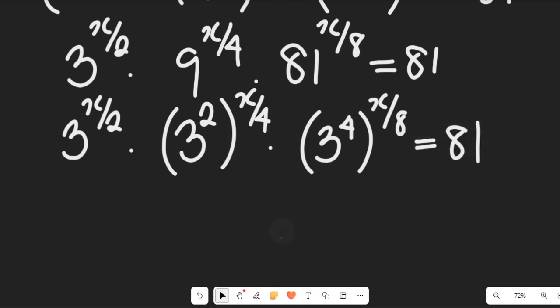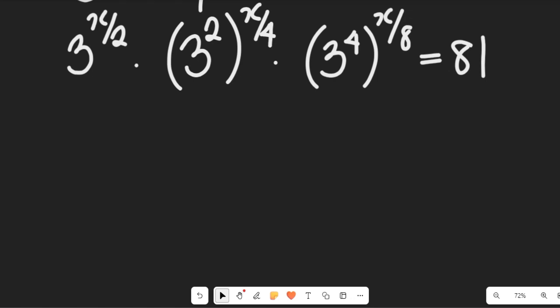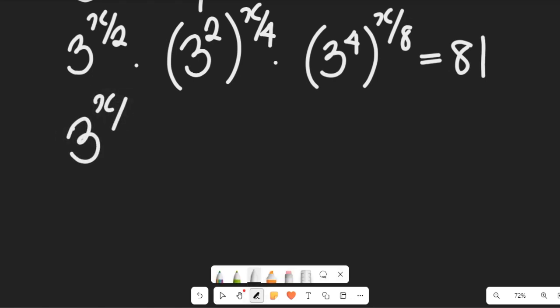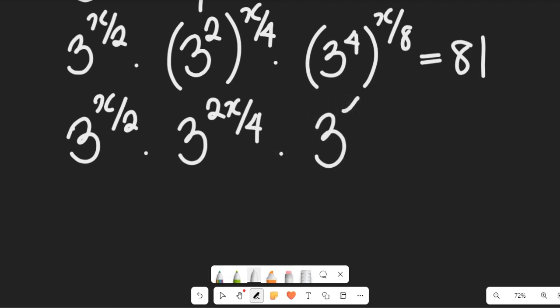Great. Now, we are going to multiply the exponents, and this will give us 3 to the power of x divided by 2, multiplied by 3 to the power of 2x divided by 4, multiplied by 3 to the power of 4x divided by 8, and this will be equal to 81.